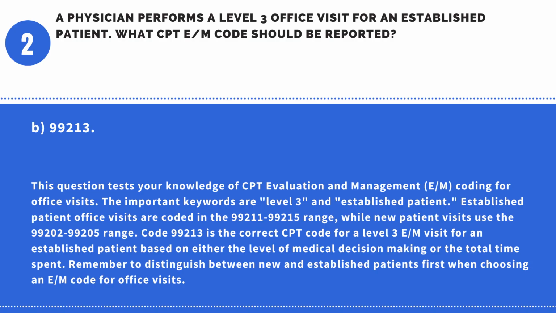Code 99213 is the correct CPT code for a Level 3 E/M visit for an established patient based on either the level of medical decision-making or the total time spent. Remember to distinguish between new and established patients first when choosing an E/M code for office visits.